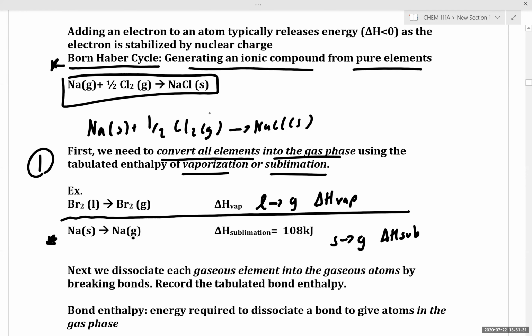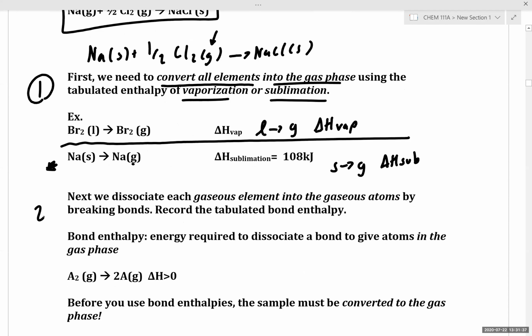Chlorine we don't have to worry about because chlorine is already in the gas phase. Okay, next, now that we have gaseous elements, we need to dissociate each of our gaseous elements into gaseous atoms. The reason for that is we want to be able to use our tabulated ionization energies and electron affinities.